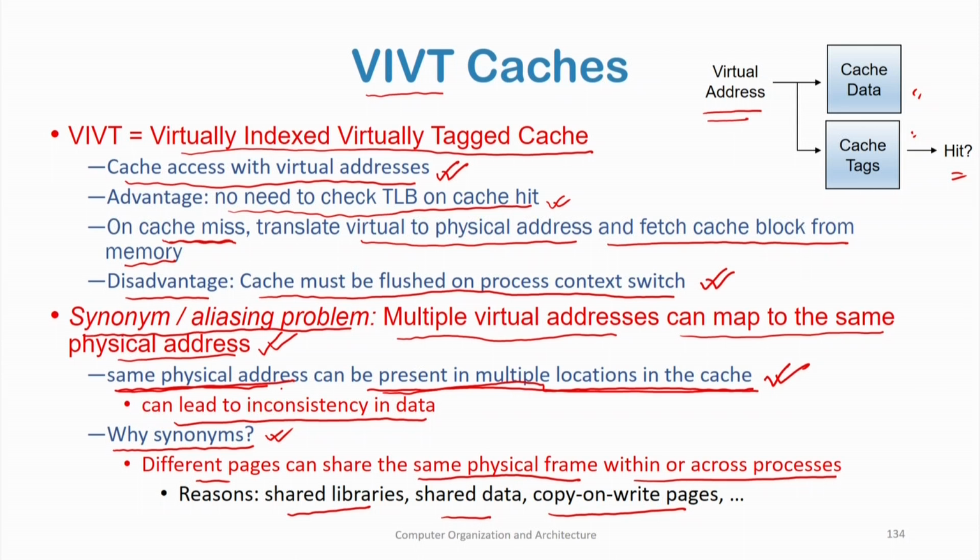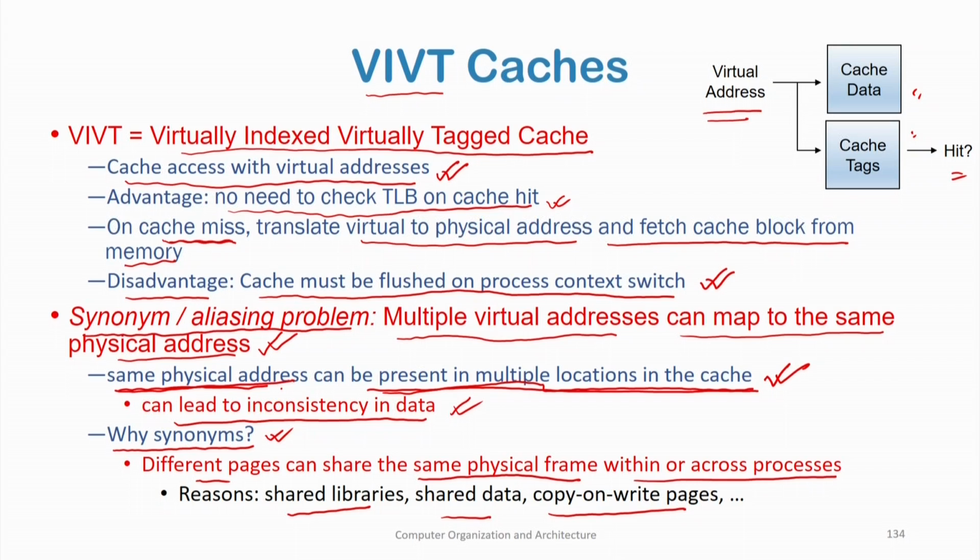These two data elements are mapped by different virtual addresses, so in a virtually addressed cache, they will be stored twice in different locations in the cache. And because I have the same physical data element in two places within the cache, this may lead to potential data inconsistencies. So, these are the two major problems with virtually indexed, virtually tagged caches.